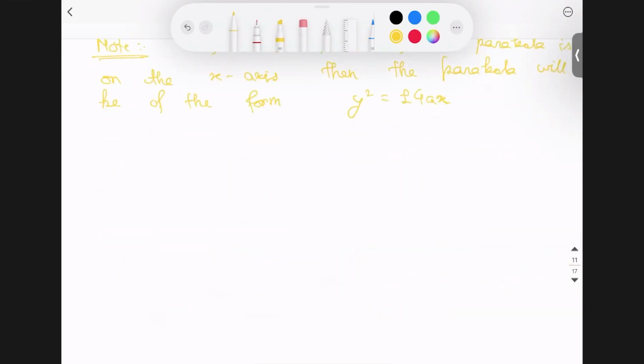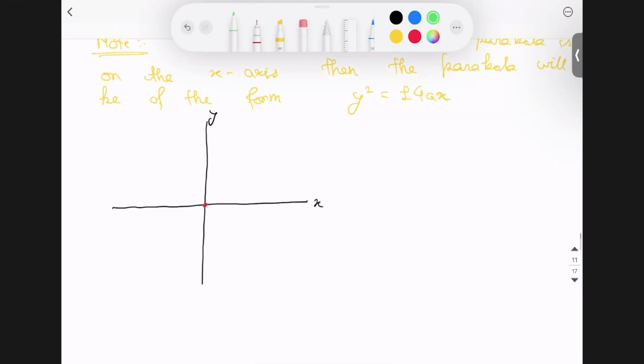So now in this case, this is our x-axis and this is our y-axis. This is the origin.